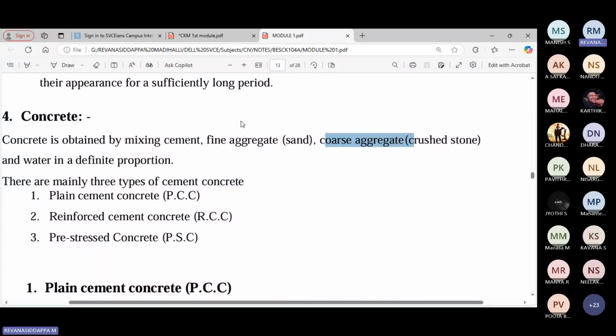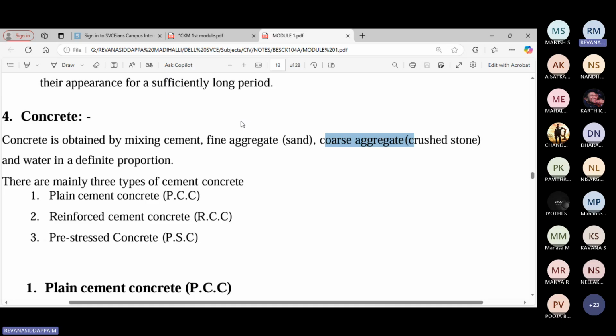Coming to the types of concrete, basically there are three types. First one is plain cement concrete, shortly called PCC. Second one is reinforced cement concrete, shortly called RCC.